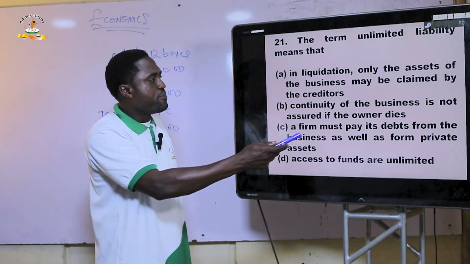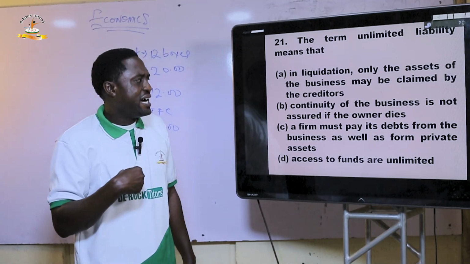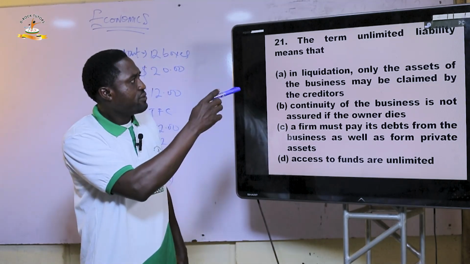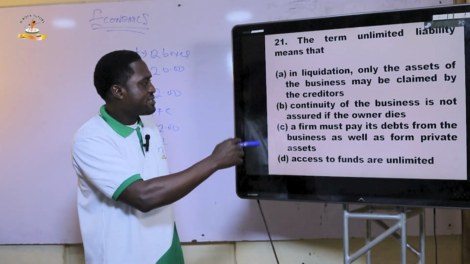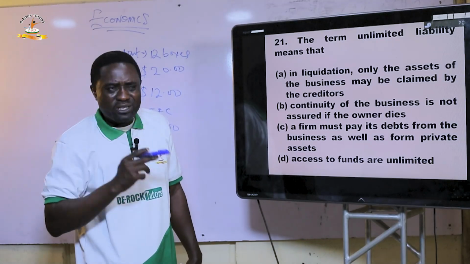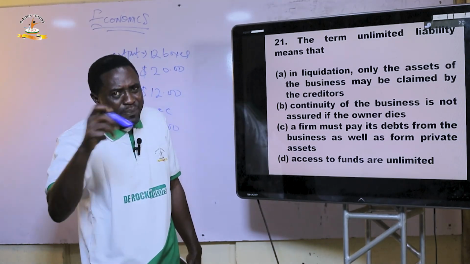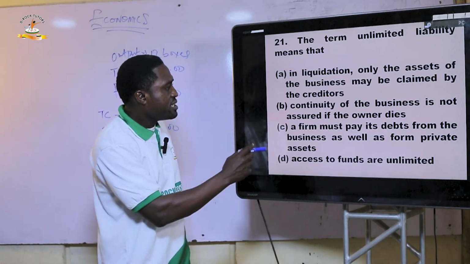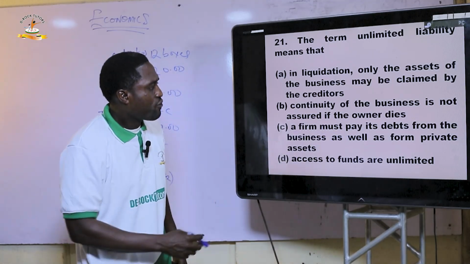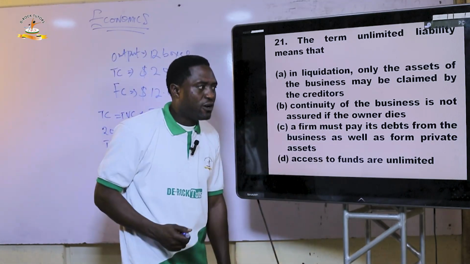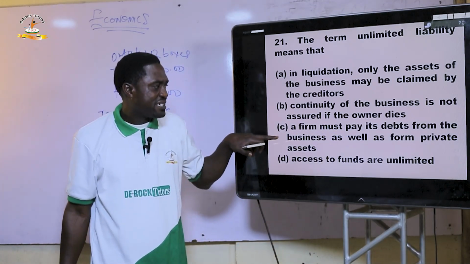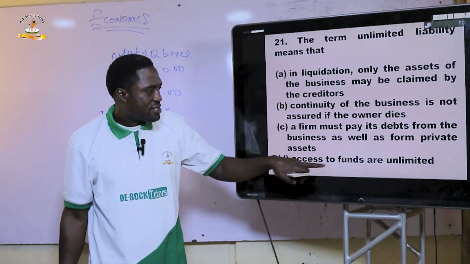Now, the continuity of the business is not assured if the owner dies. That's not what they are really talking about. They are talking about unlimited liability. What does it mean? A firm must pay its debt from the business as well as from personal private assets. That is the perfect answer, C. Then D, access to funds are unlimited.